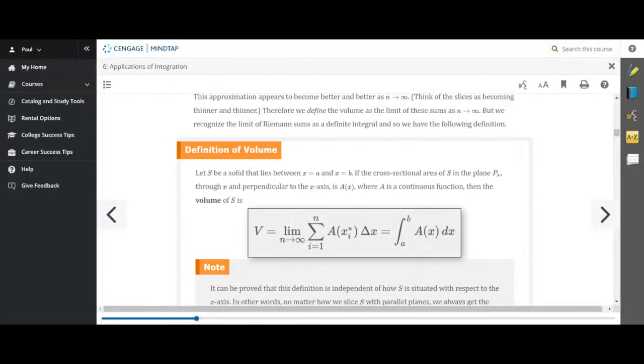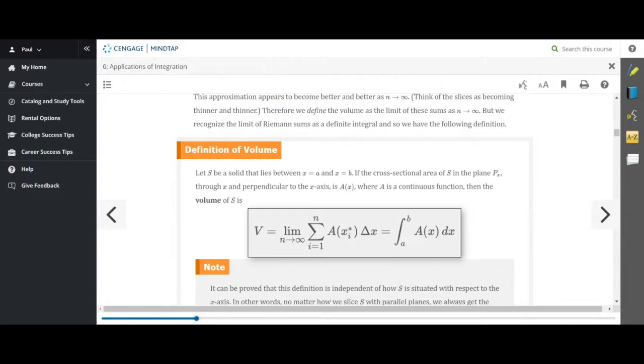If you have a solid between x equals a and x equals b, and A of x is the cross-sectional area of each slab, then the volume is equal to the integral from a to b of A of x dx.